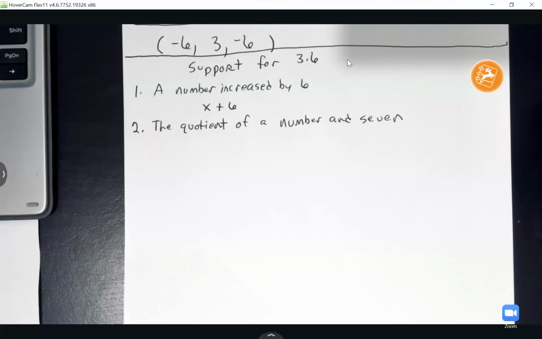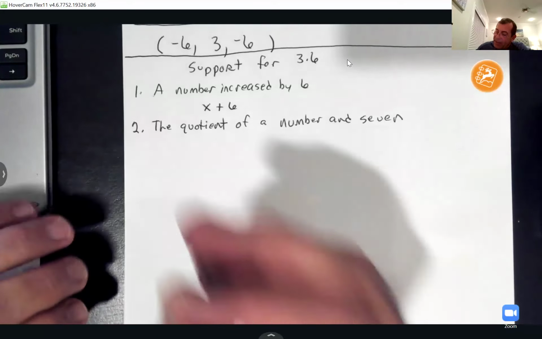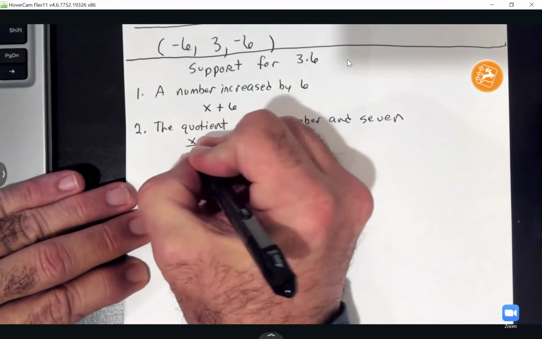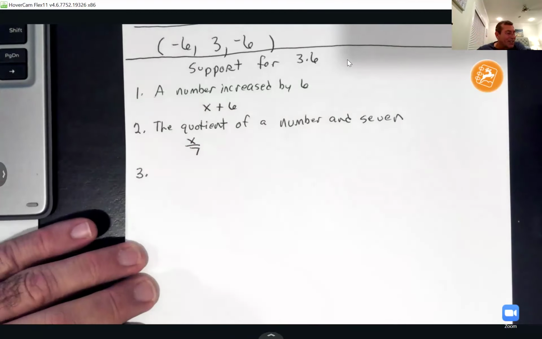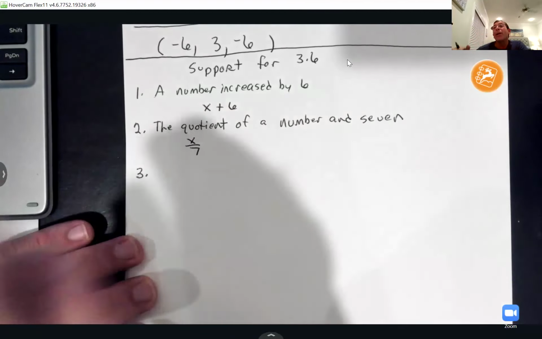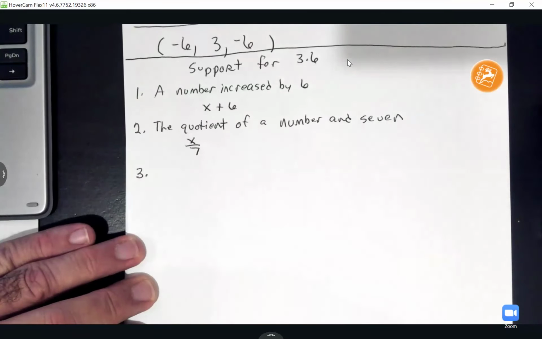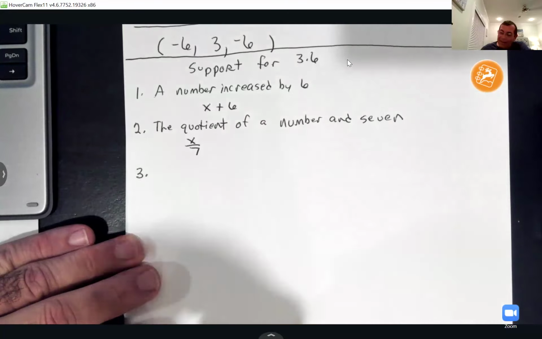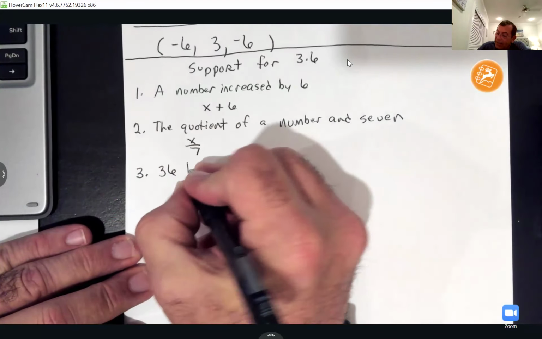Okay, so let me see. Caitlin, you're quick on there. X divided by 7, perfect. There you go, right? Quotient means division. It's like the answer of division, right? All right, they got one like this. 36 less than some number.